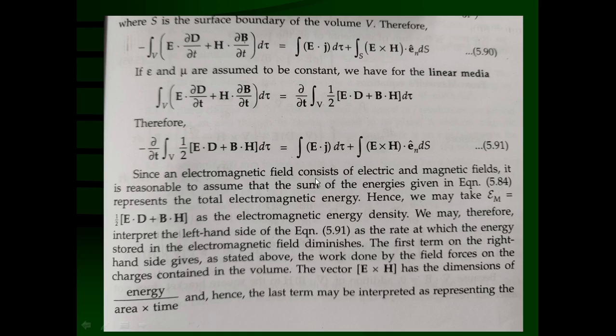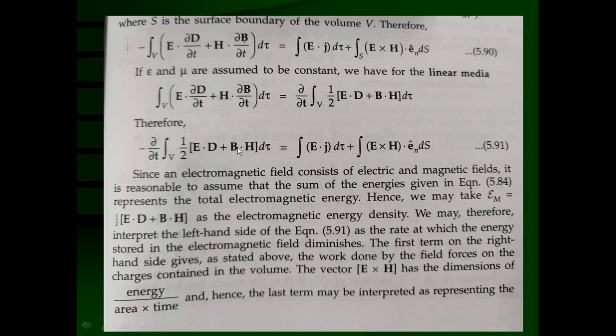Since the electromagnetic field consists of electric and magnetic fields, it is reasonable to assume that the sum of the energies given in equation 5.84 represents the total electromagnetic energy. So this 1 half E dot D is the electrostatic energy, 1 half B dot H d tau is the magnetostatic energy. The summation of these will give you the total electromagnetic energy of the field.